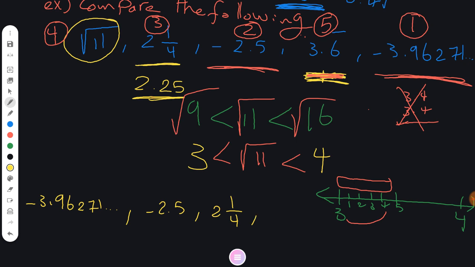Fourth, the square root of 11. And the last one is 3.6 with the bar over the 6 only. Okay? I think it's easy. It takes time only to calculate the irrational number, but it's very easy.